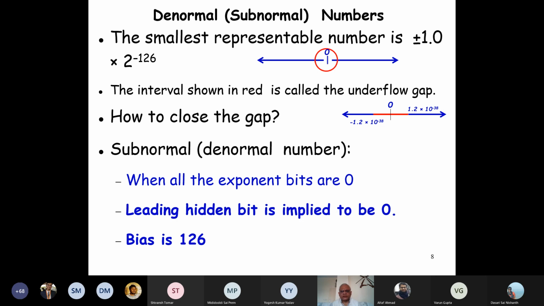That is this point here. Positive point on this right side arrow is all the numbers we are able to represent. And then between 0 and 1 times 2 to the power minus 126, there is a gap here. We can't represent. And similarly, on the left side of 0, there is a gap which we cannot represent.